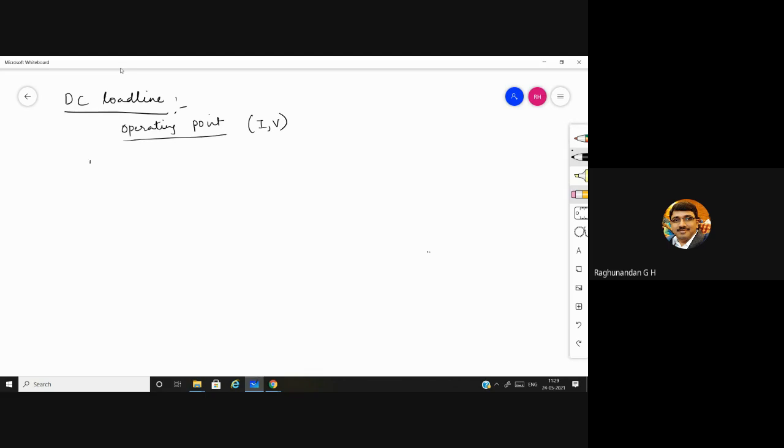For this, let us take an example circuit. This is the supply. This is the forward resistance. This is the diode which is having forward voltage VF, this is IF, and the current will always be in terms of milliampere.